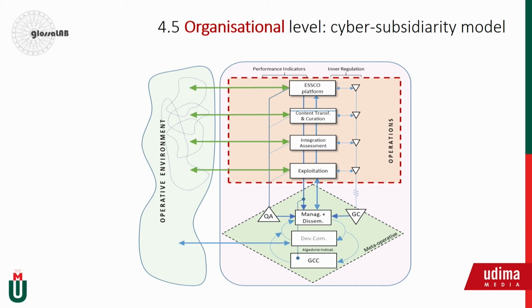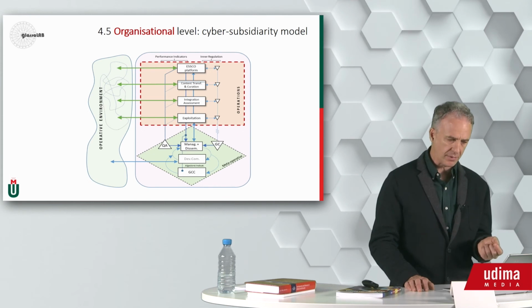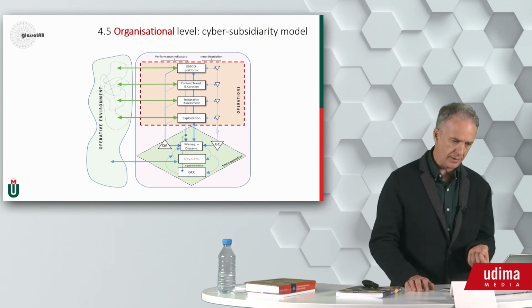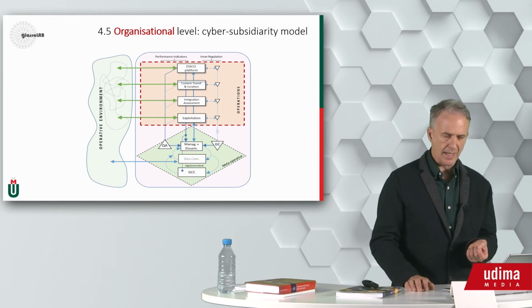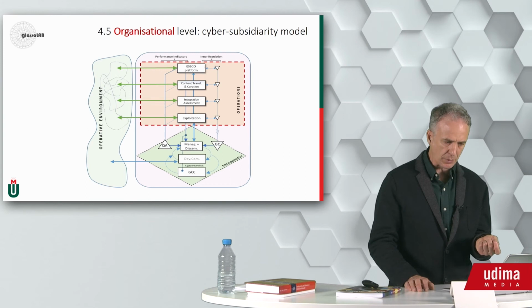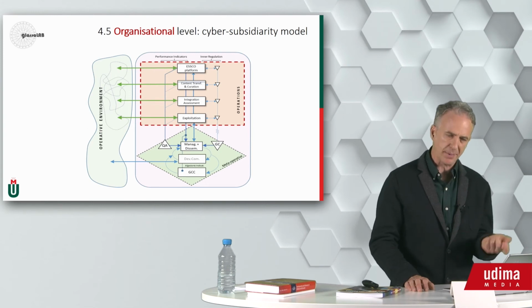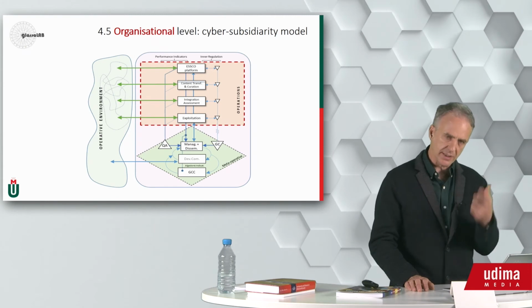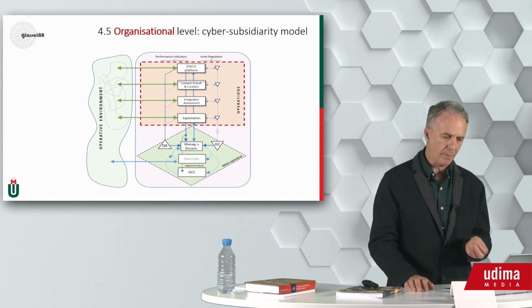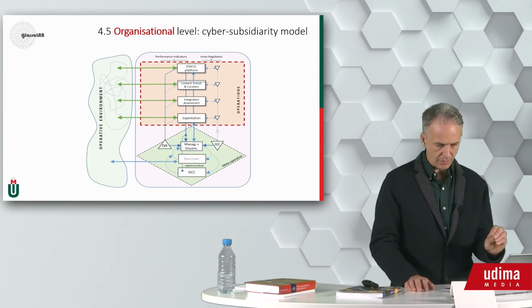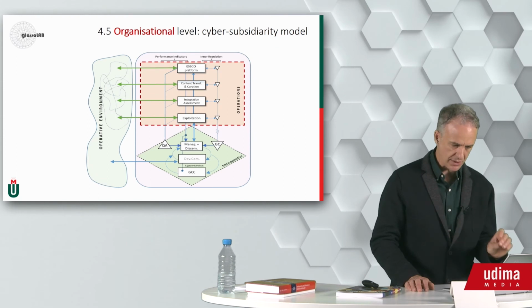They will take the responsibility for components 1 and 2 of the project. Then the second operative team will be devoted to content transference and the curation of contents, so the refinement of contents, bringing new concepts and developing new concepts. Then the third one is about the assessment of the integration of the knowledge achieved, which is directly related to another component of the project. And finally, the fourth team is about the exploitation.